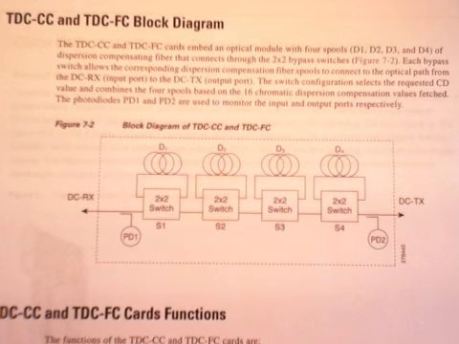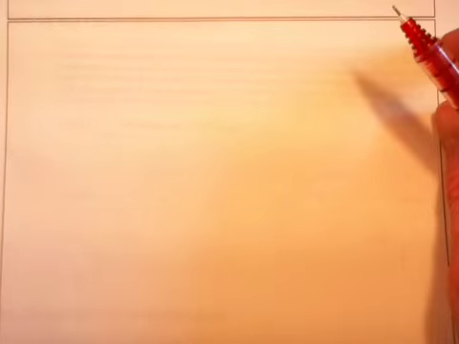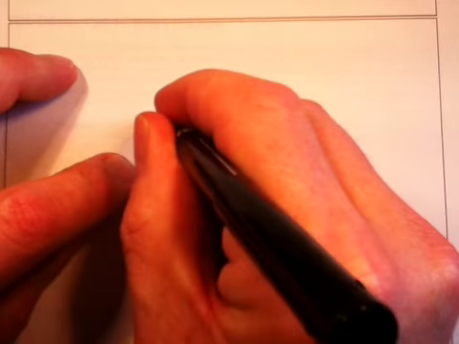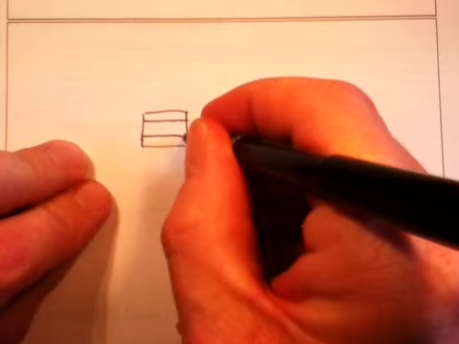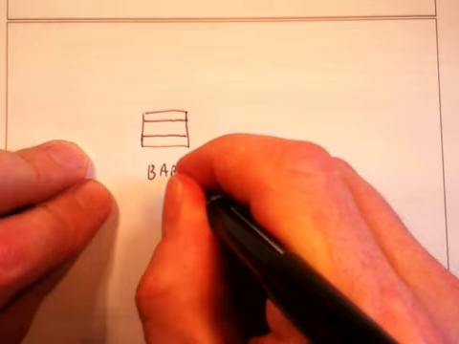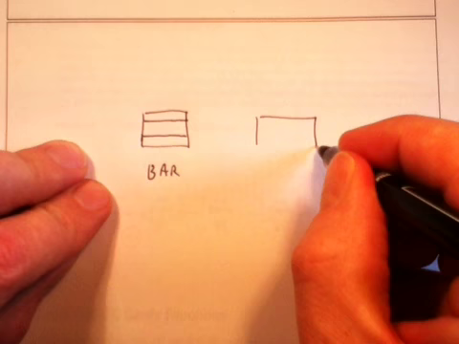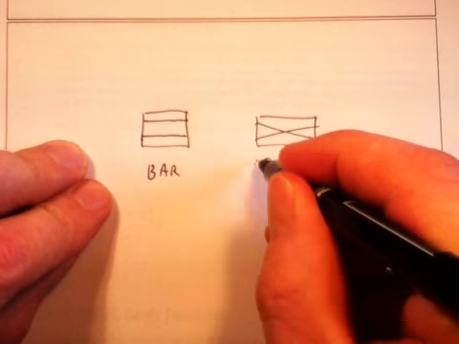The 2x2 switch works to either send the signal through the coil or not. So if we have a 2x2 switch, it can be in either the bar or the cross state.